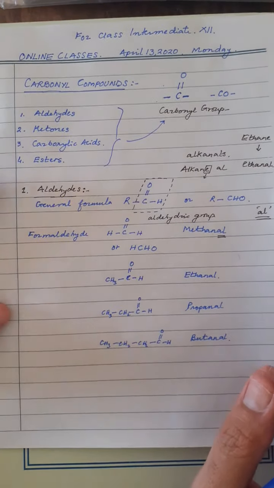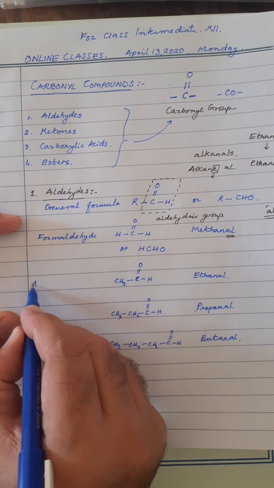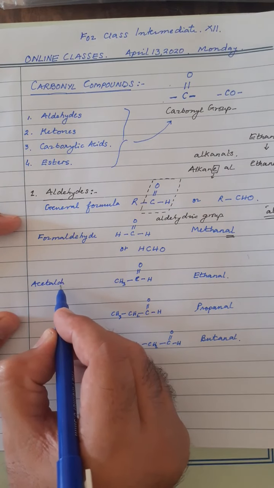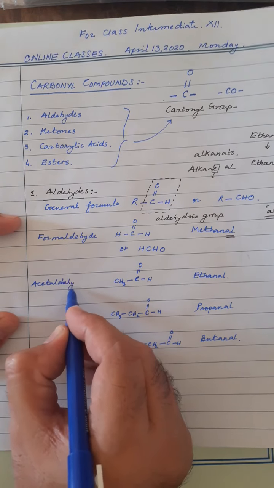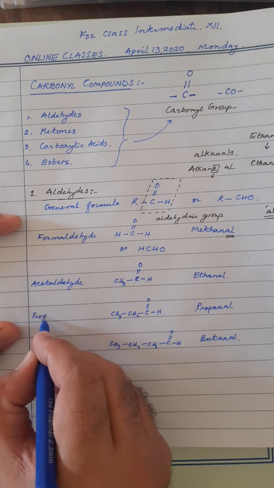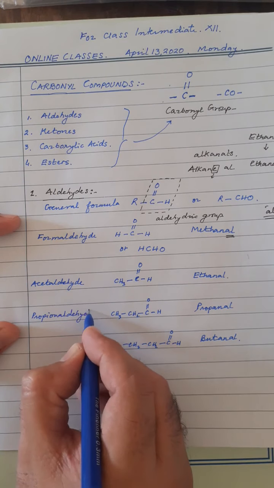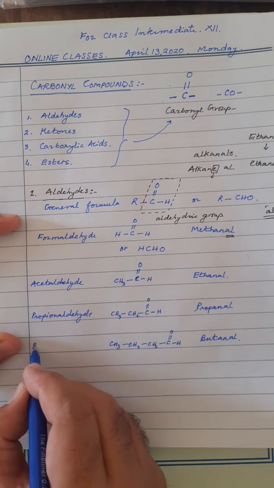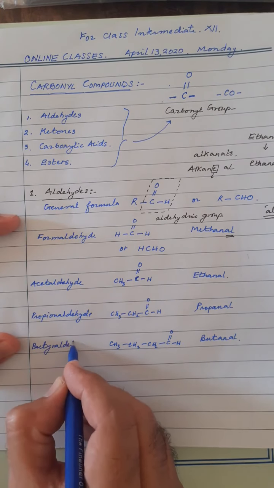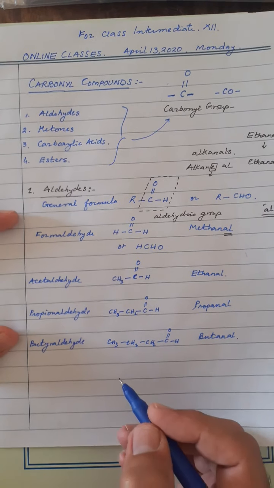Now in the common ways, this is formaldehyde, this is acetaldehyde. This is propionaldehyde. And this is butyraldehyde.